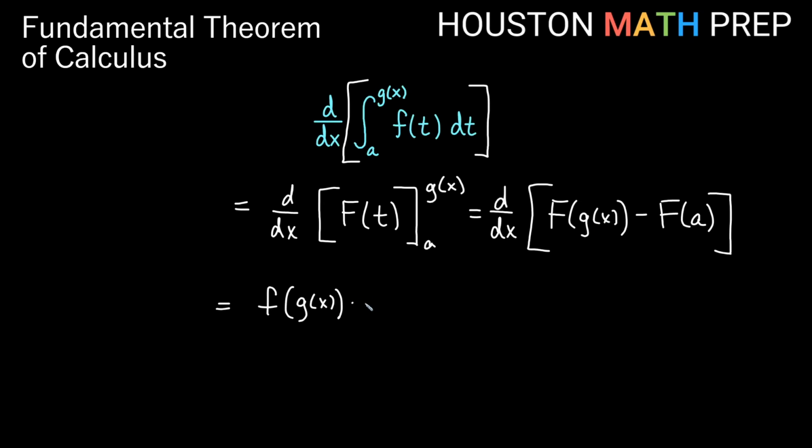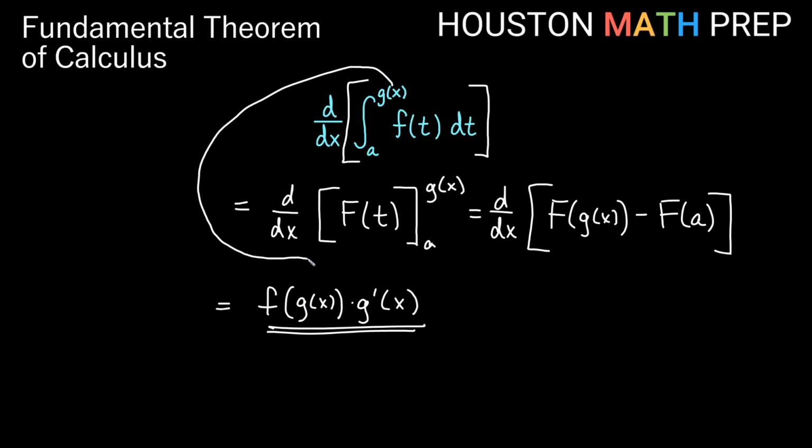So we would get times whatever the derivative of the inside is, and that's the derivative of this first part. Minus, remember this is just a constant, so the derivative of this constant would be 0, and so this is what we get, right? So it looks like we do get replacement, right? I am just putting g of x into whatever function is in here, right?